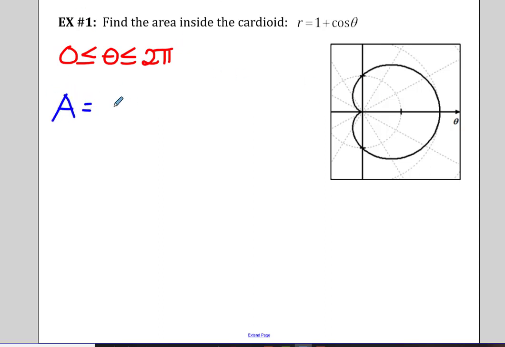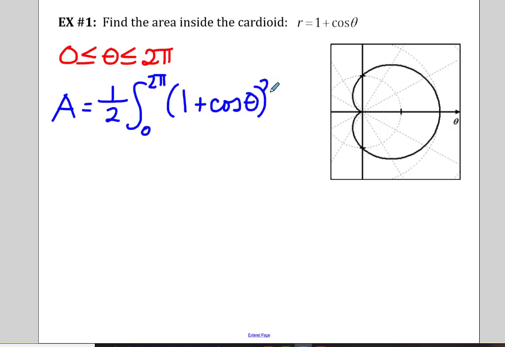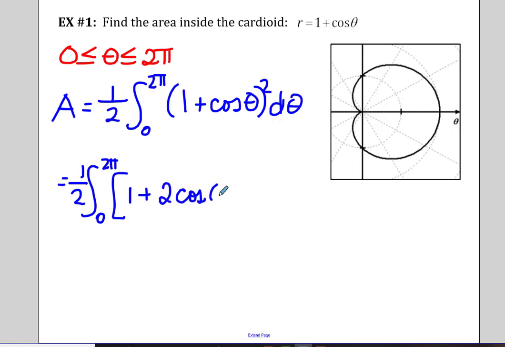So the area is 1/2 from 0 to 2 pi of r, that's 1 plus cosine theta, quantity squared d theta. Expanding this, we'll have 1/2 from 0 to 2 pi of 1 plus 2 cosine theta plus cosine squared theta d theta.